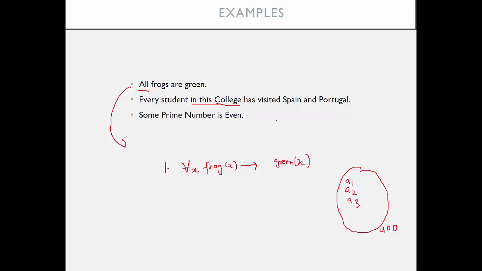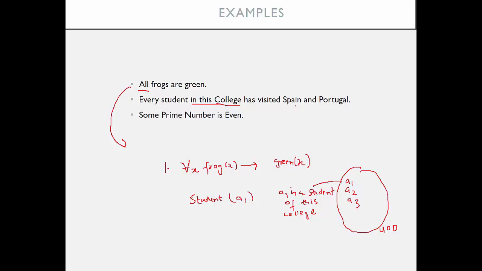If this is a universe of discourse which contains all the students from all the colleges, and if A1 is a student of this college, and we represent it with this, A1 is a student of this college.